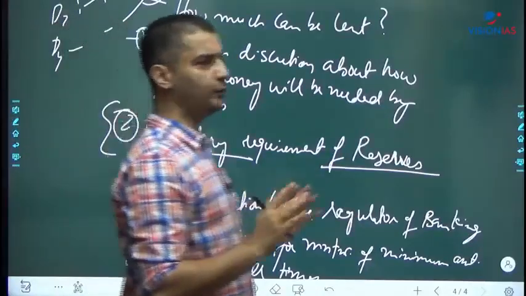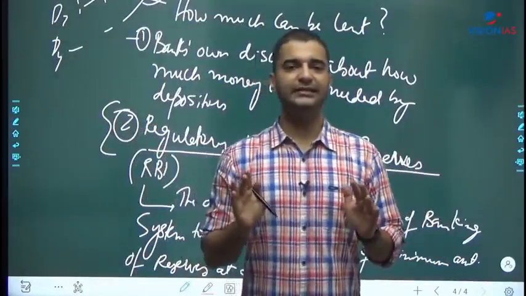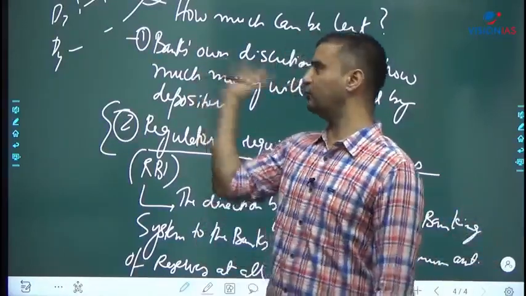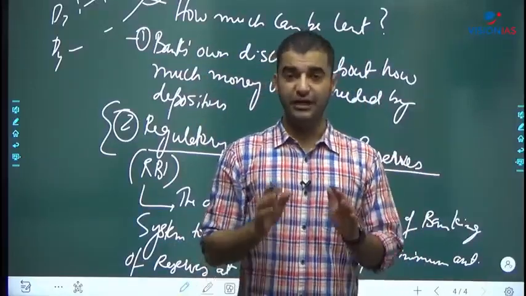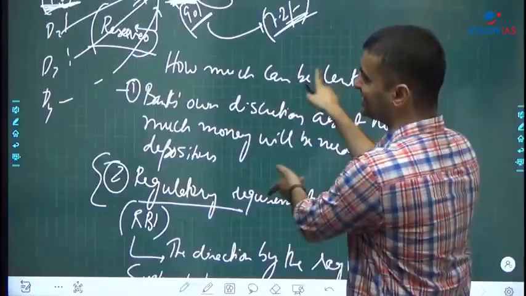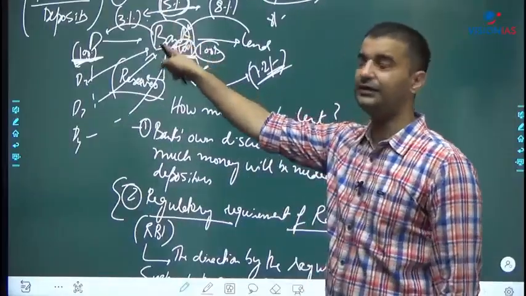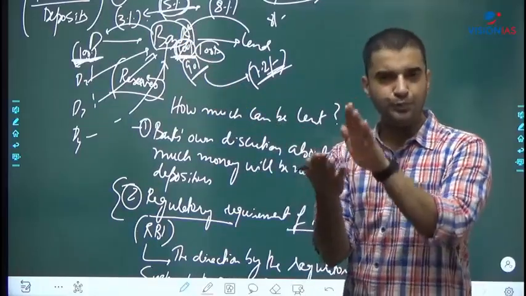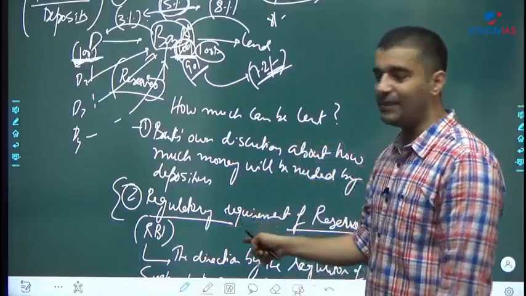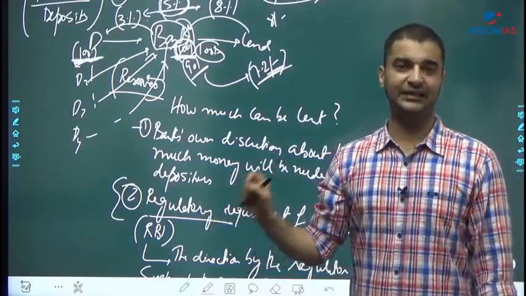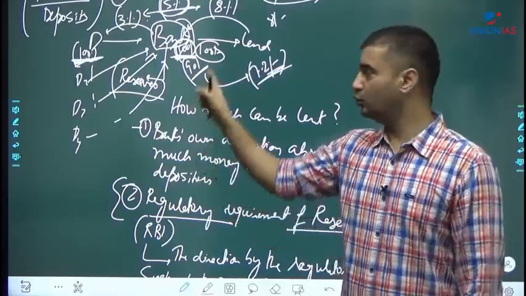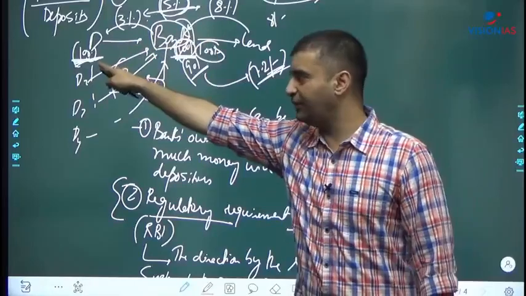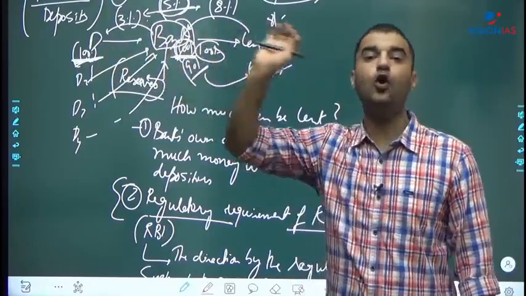Bank receives 100 rupees. Please understand, the tendency of the bank will be to lend the entire 100 if it is left only to the bank's discretion. Therefore, in order to prevent this scene wherein the trust of depositors in the banking system collapses, the regulator of the banking system gives regulatory direction to the banking system that they have to maintain some proportion of deposits as reserves at all times.